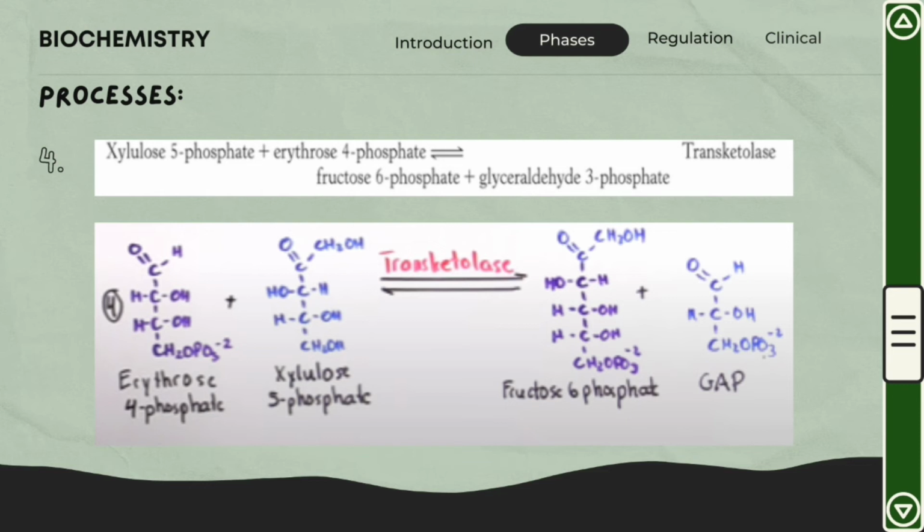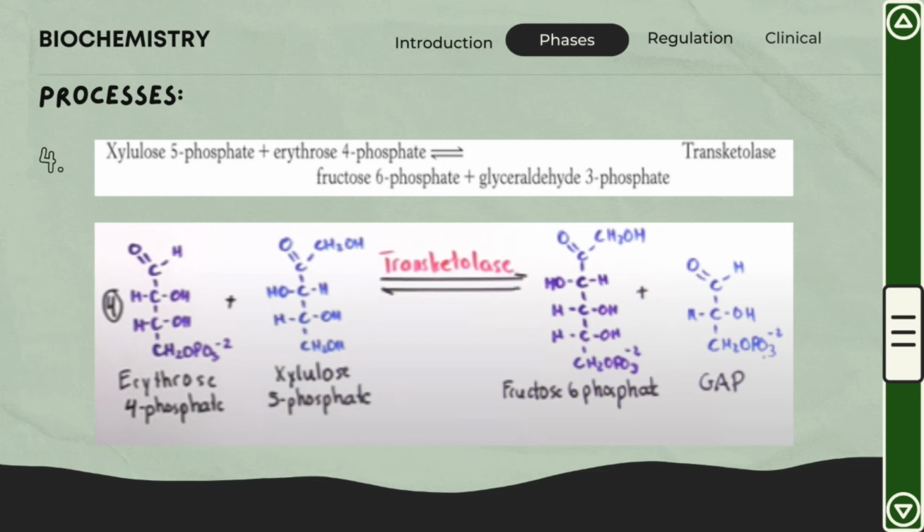And so we extend the 4-carbon sugar in erythrose 4-phosphate by 2, and we form a 6-carbon sugar that we call fructose 6-phosphate, which is once again a glycolytic intermediate molecule.